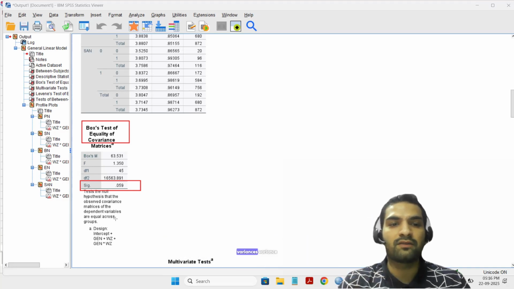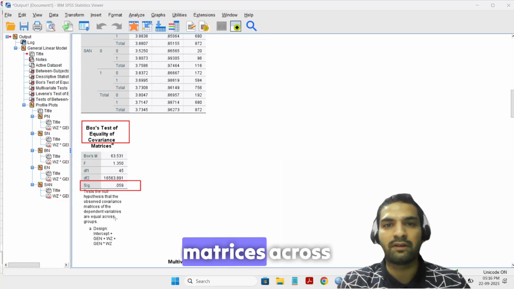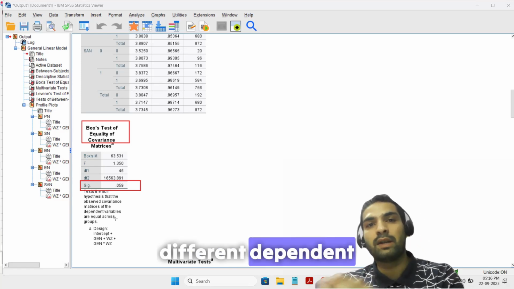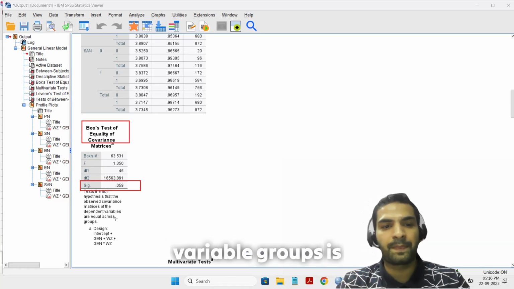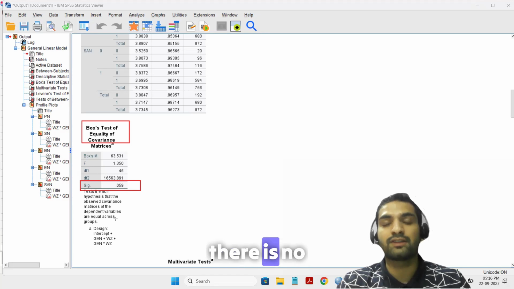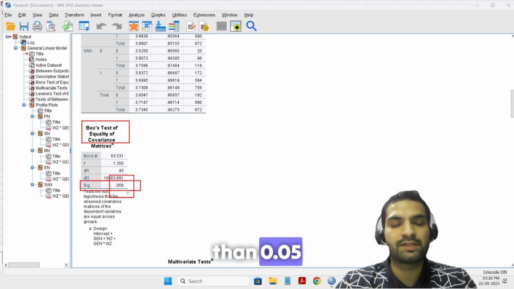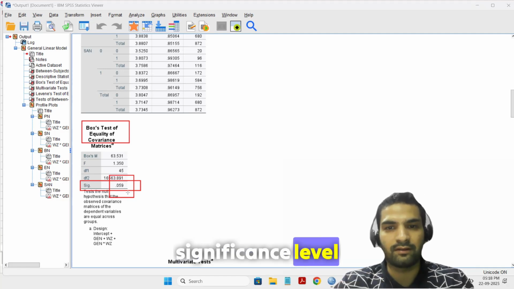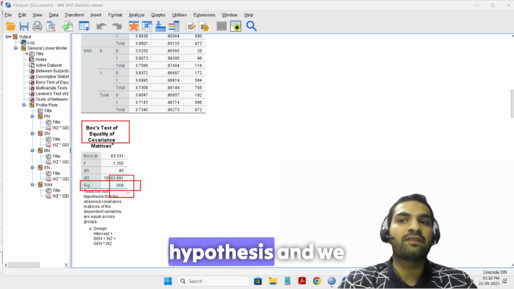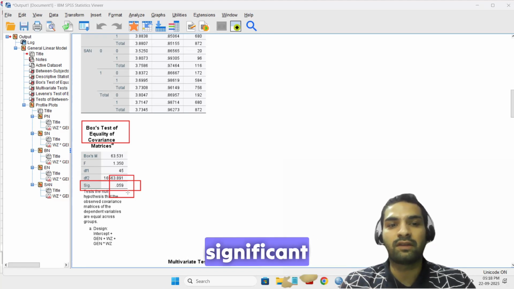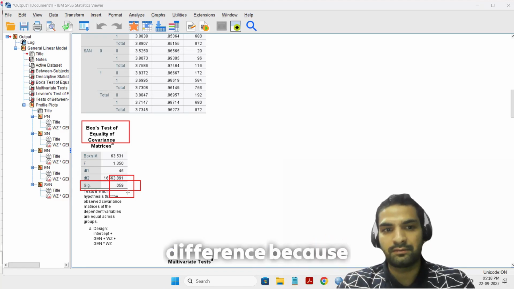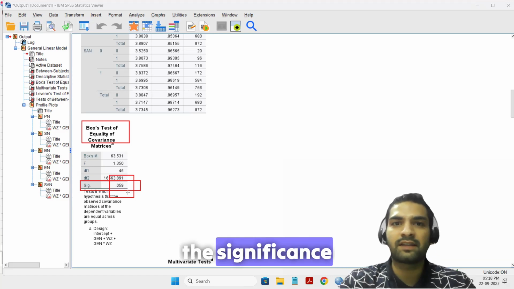That means that the variance matrices across different groups are the same. There is no significant difference. As p here is greater than the 0.05 significance level, we retain the null hypothesis and say that there is no significant difference because it is not meeting the significance level.